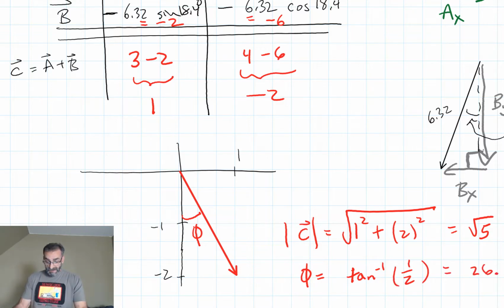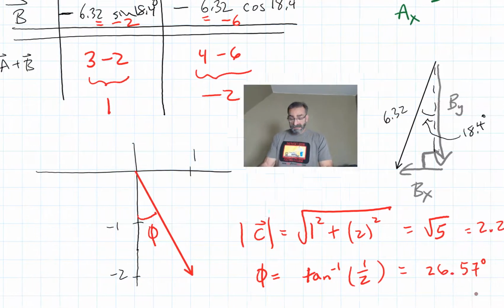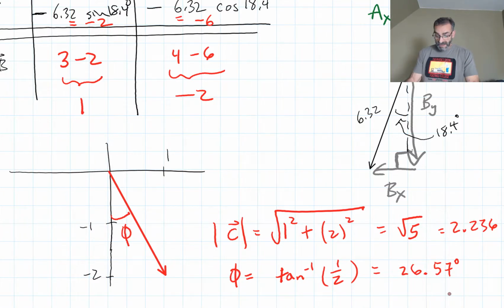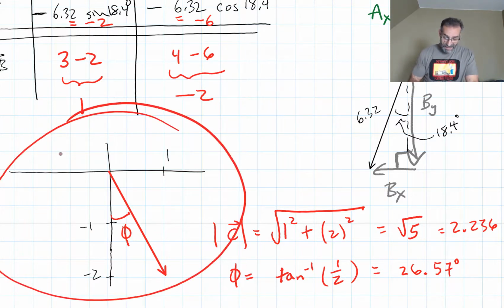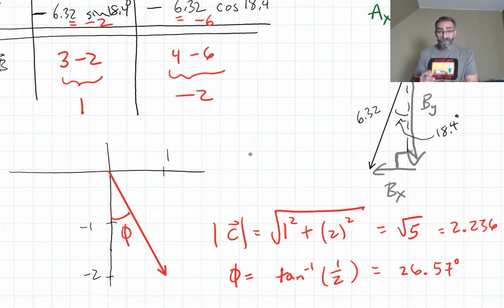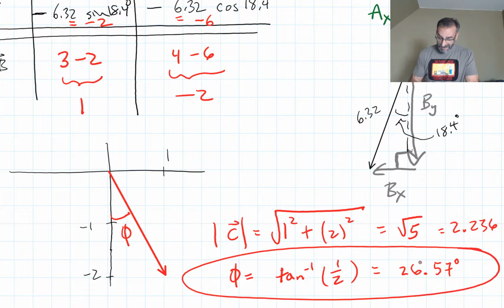So this tells me my C vector has a magnitude of 2.236, and it's at an angle from the negative y-axis of 26.57 degrees. When I do this, I always say a picture is worth 1,000 words. Just draw this picture, and I immediately know what angle you're trying to find, and then tell me what that angle is.